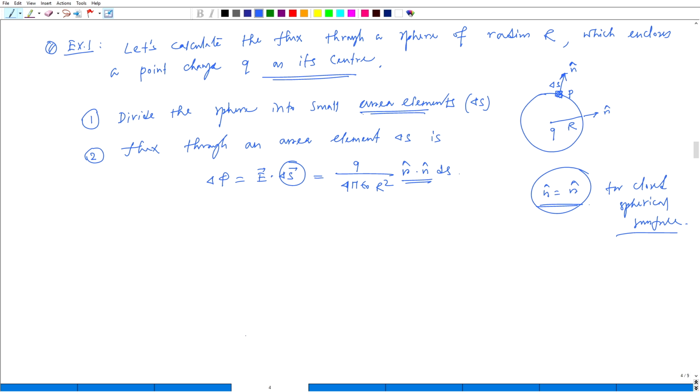So delta phi becomes q over 4 pi epsilon naught r square times delta S.